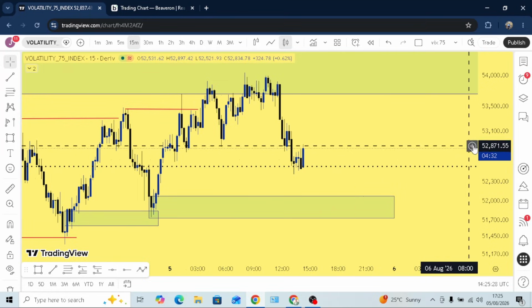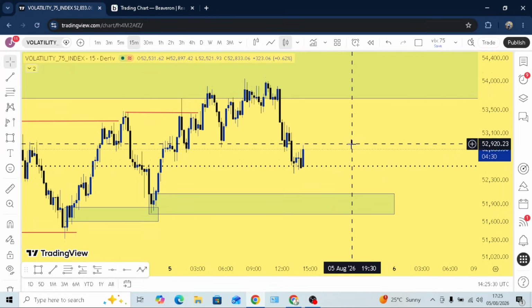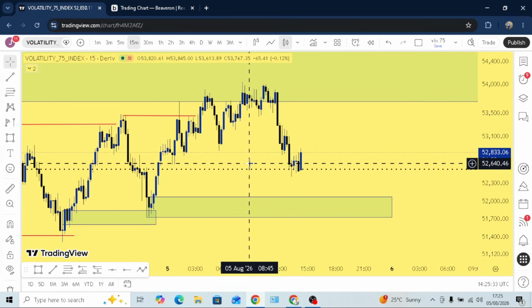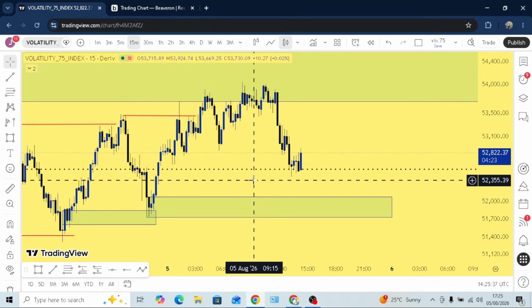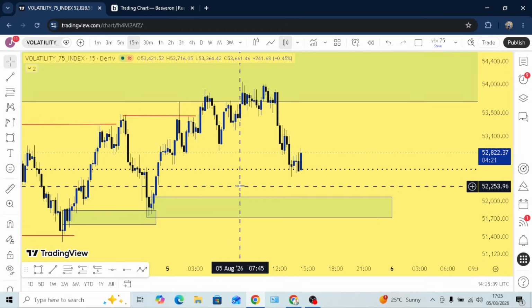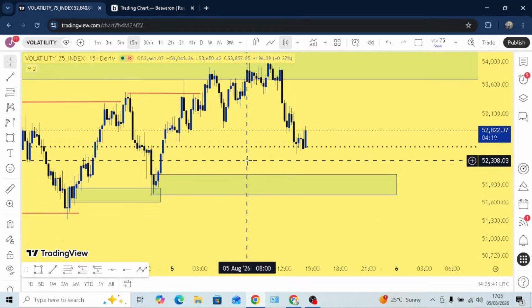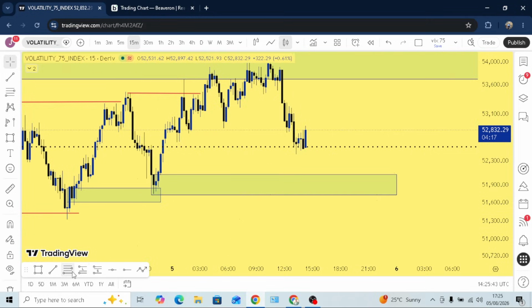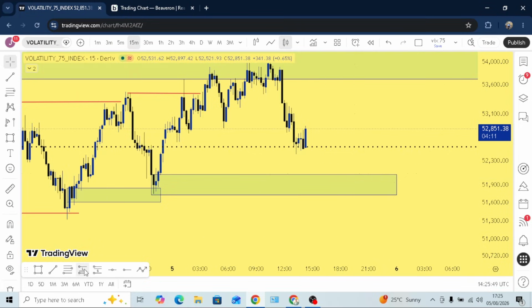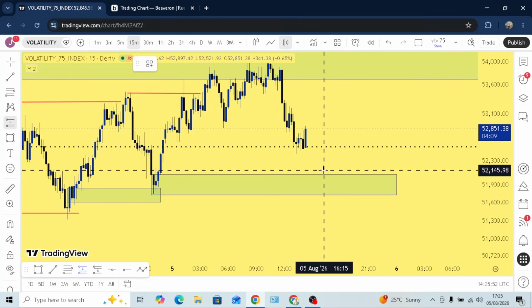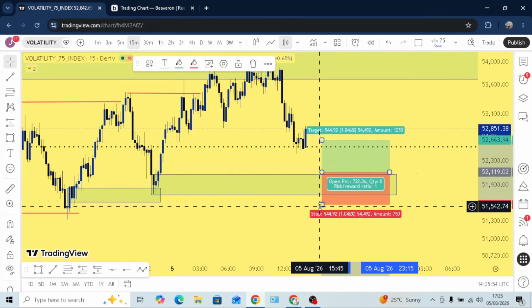Okay, so for the moment I'd say it is still very safe to only be taking the buys, until we get a clear confirmation that price has become bearish. Until then, it is only advisable that once price reaches this area and you get a good confirmation, you are likely to take a buy trade.